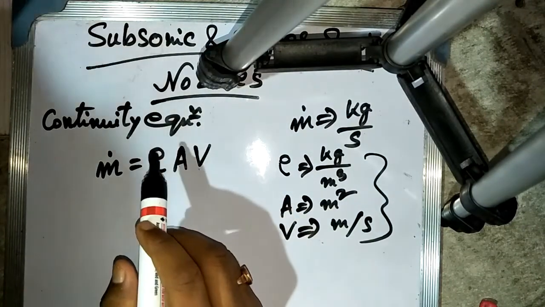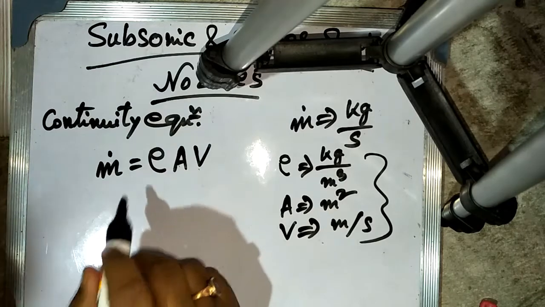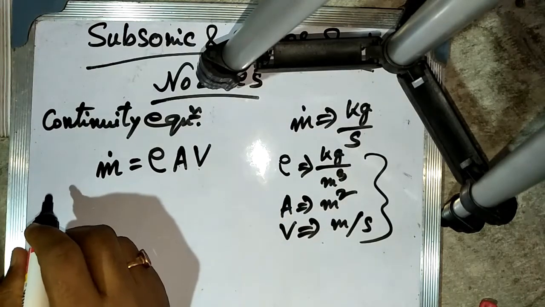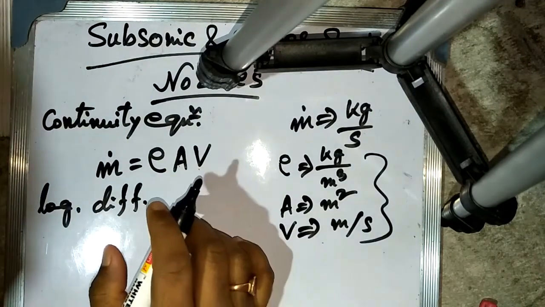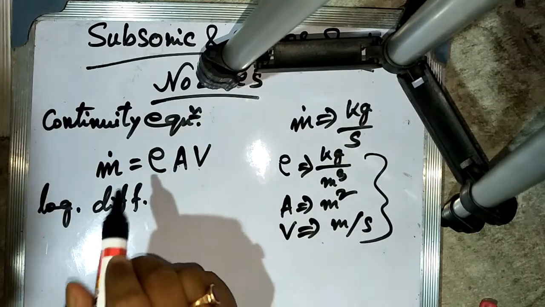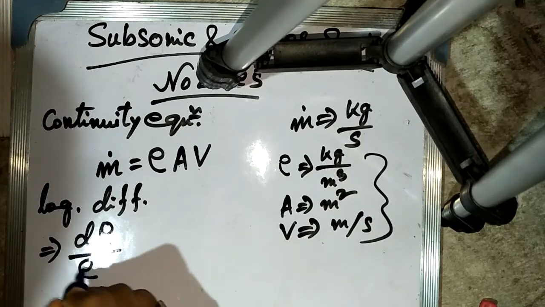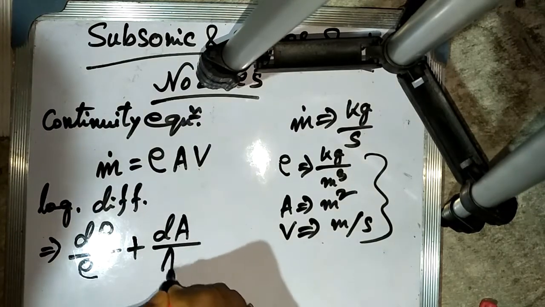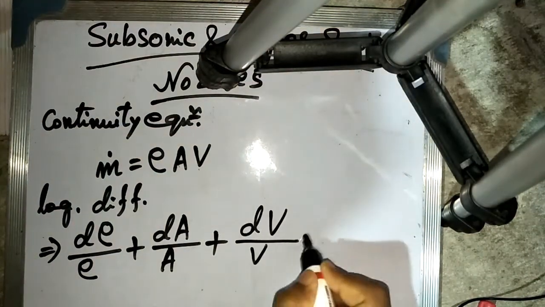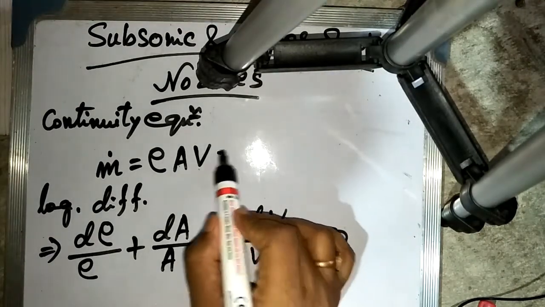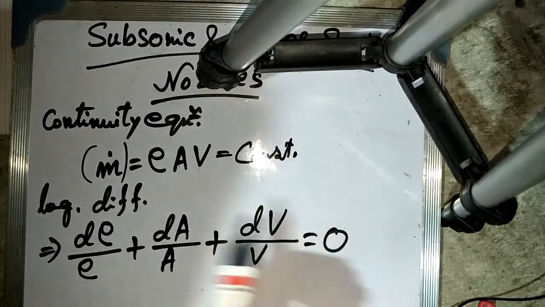We are going to apply this continuity equation for the fluid which flows through the nozzle, and by logarithmic differentiation, that means first we take the log of this and then differentiate, we get d rho by rho plus dA by A plus dV by V is equals to 0, since the mass flow rate is constant, so its differentiation is 0.